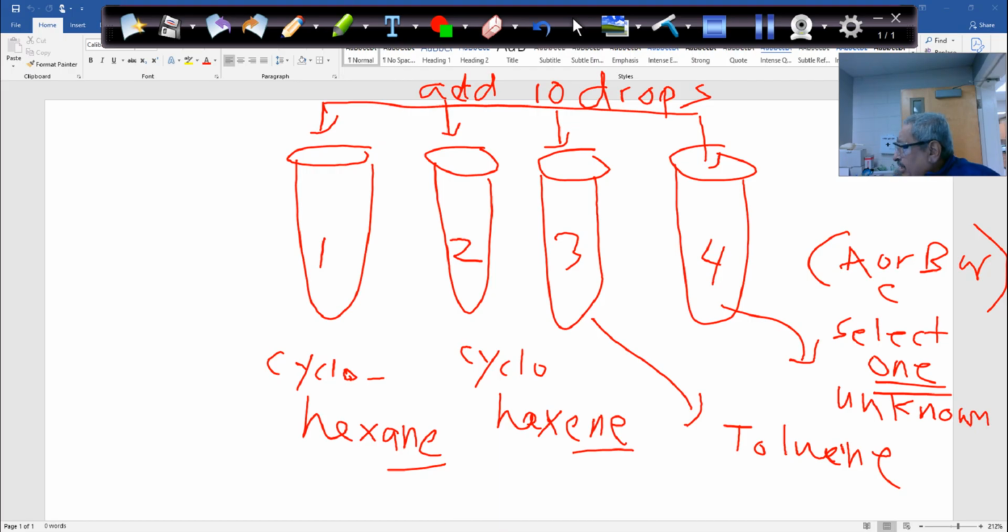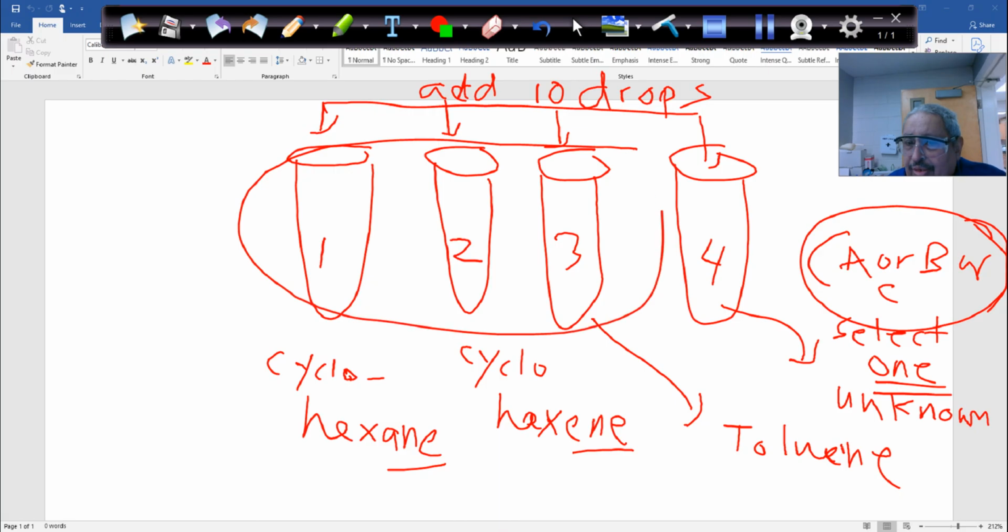You will be graded 10 points for the unknown and 90% for the lab write-up. You have to tell me what your unknown is. If you have taken A, what is this A? Is it cyclohexane, cyclohexene, or toluene? And B or C, one of them. So one of those three here is one of those three here.